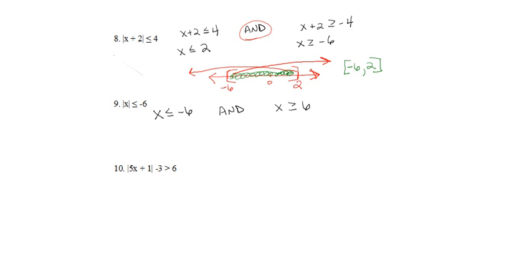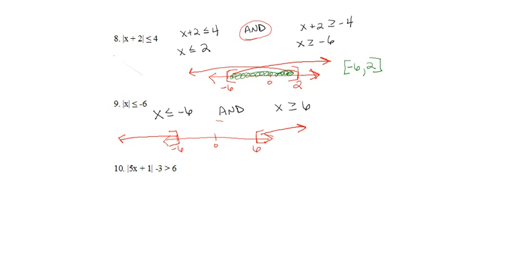So let's look at a graph for this one. So I'm going to have my negative 6, my 0 for reference, and my positive 6. So the first part of it, x is less than or equal to. So we bracket and go to the right on the negative 6. On the positive 6, it's greater than or equal to. We bracket and go to the right.